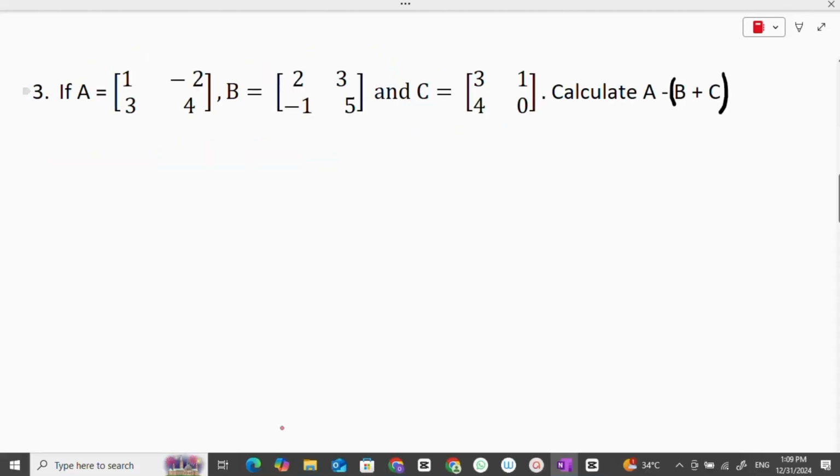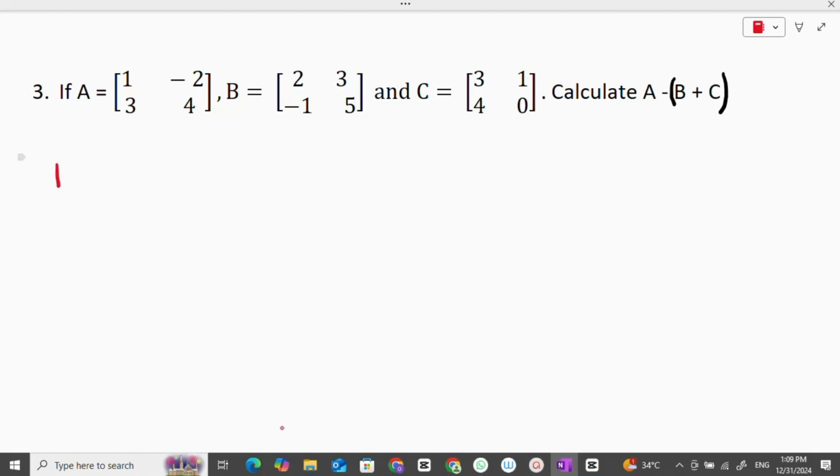For example 3, if A is equal to 1, negative 2, 3, and 4, B is equal to 2, 3, negative 1, and 5, and C is equal to 3, 1, 4, and 0, calculate A minus, in brackets, B plus C. The first thing we want to do is simply solve the values in the bracket.